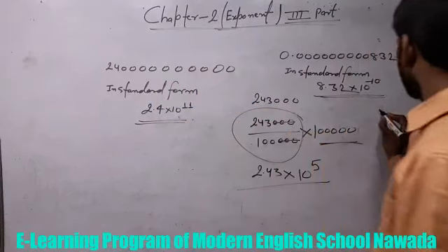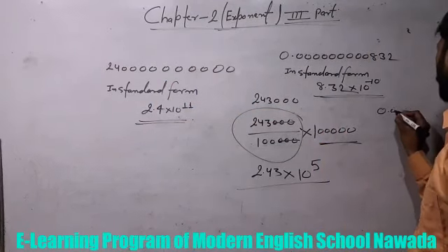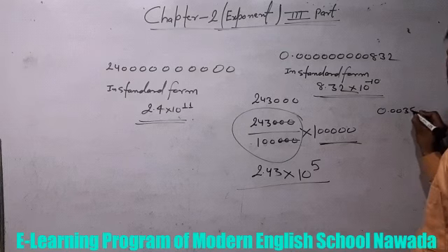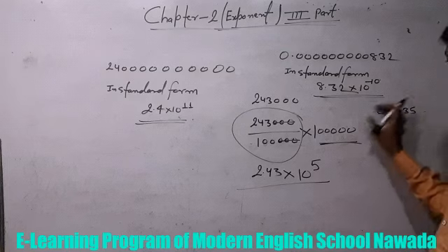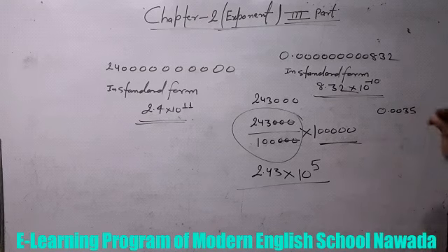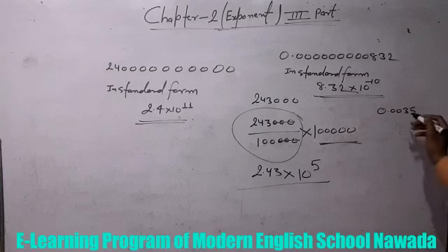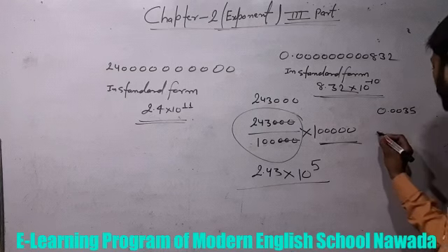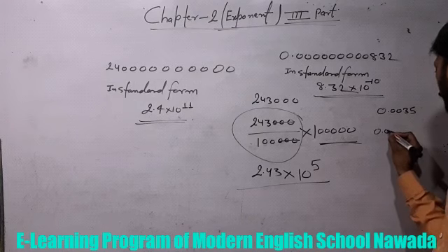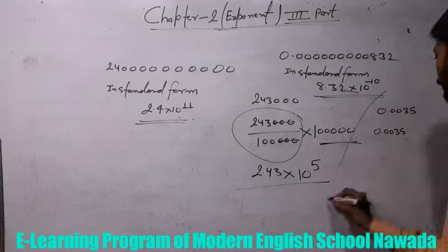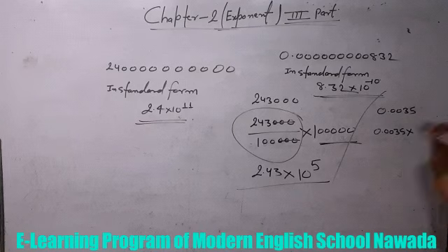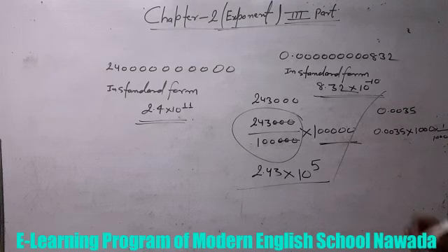Here I write a small number, 0.0035. Here you can apply this rule: you can divide and multiply by the same number. Here you multiply 0.0035 into 1000, and then you have to divide the number by 1000, that is 1 by 1000.